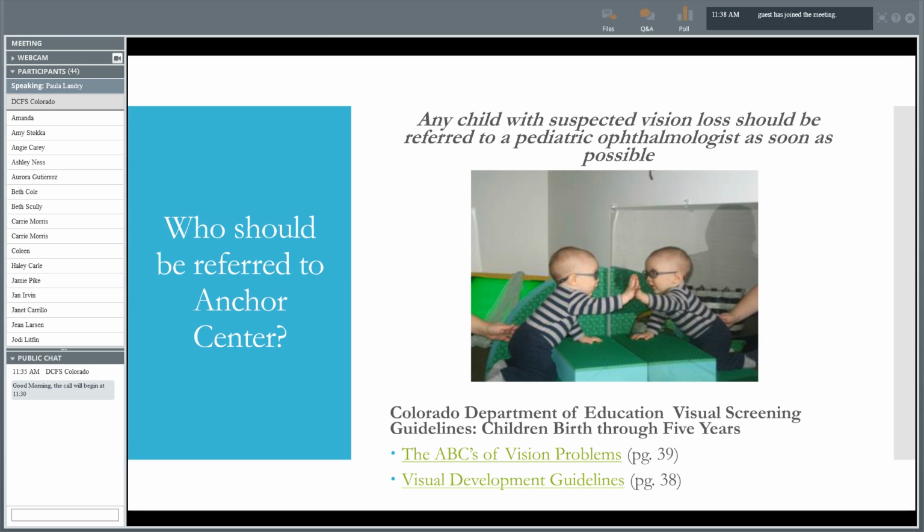But as therapists and interventionists, when you're in the home so often, I think it's a lot easier to figure out if it is a true visual concern or not.